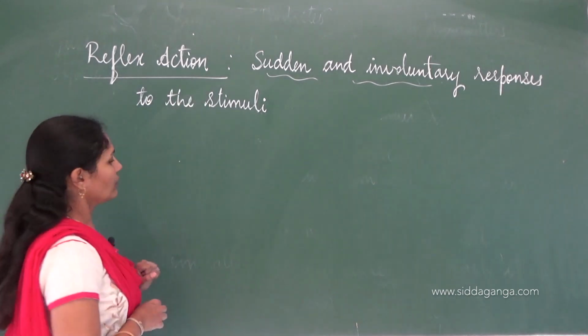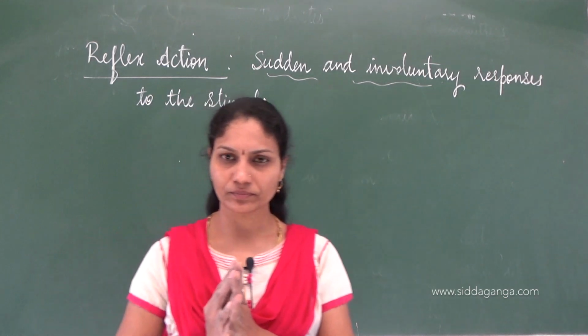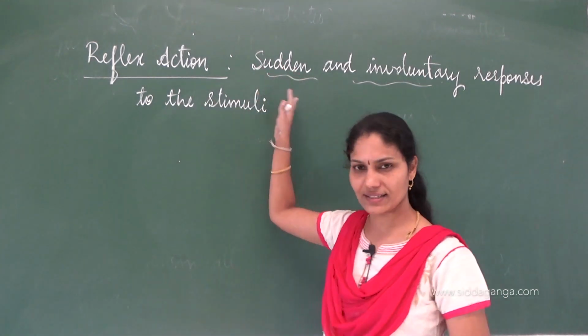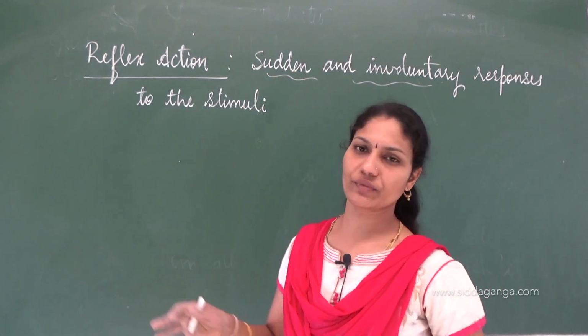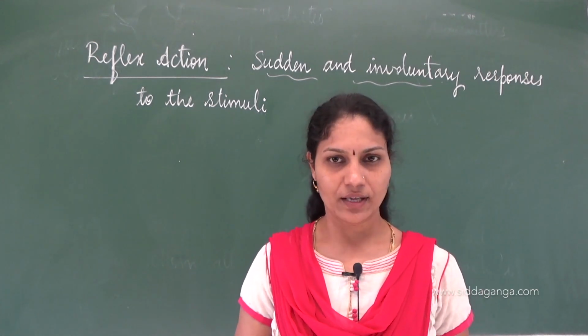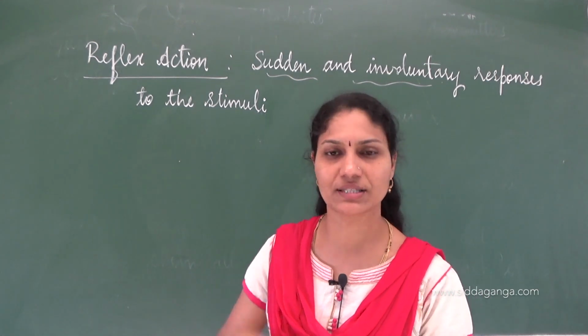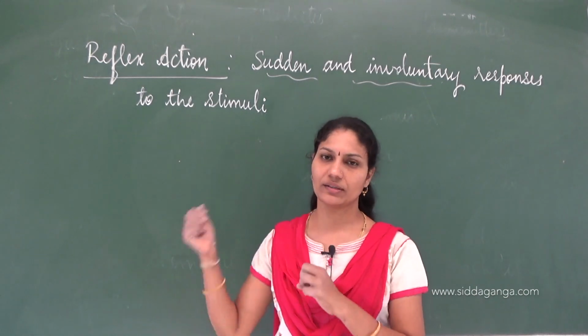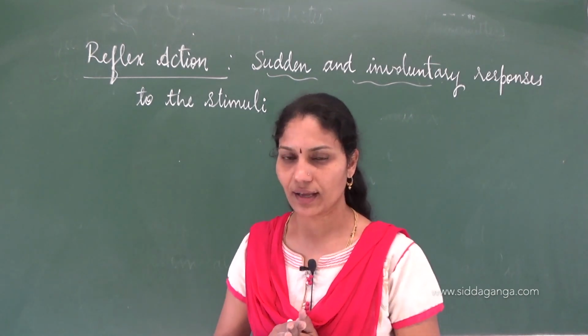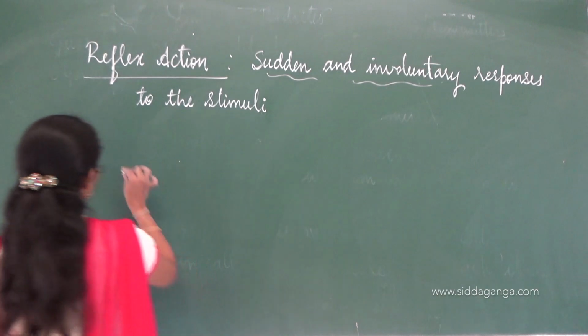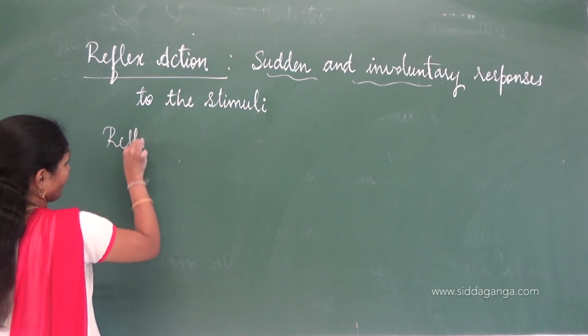So what is this reflex action? We came to know these are the sudden responses, and we also understood with the help of an example. The nerves that are involved in this mechanism, the travel of these nerve impulses involved in reflex action, are referred to as reflex arc.